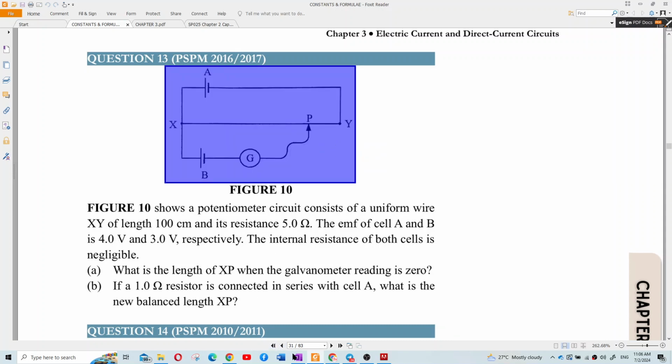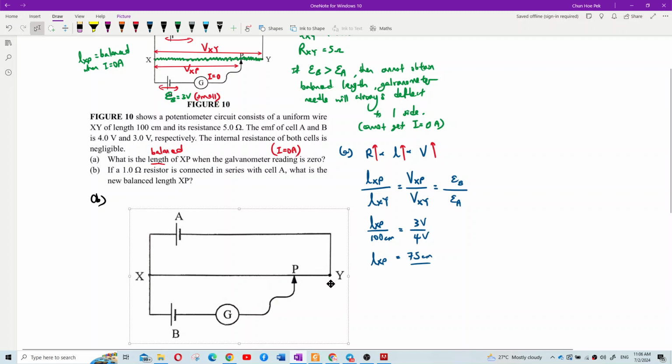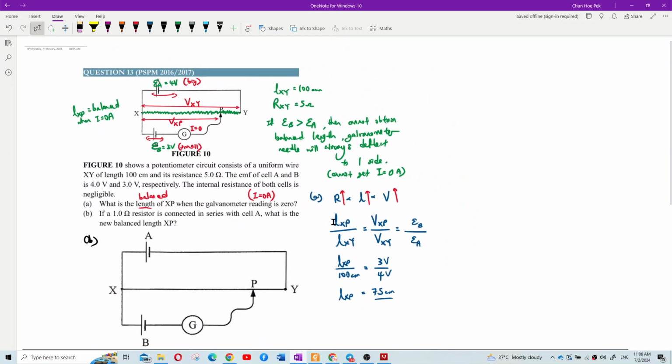This is the same diagram. Okay, look at here.